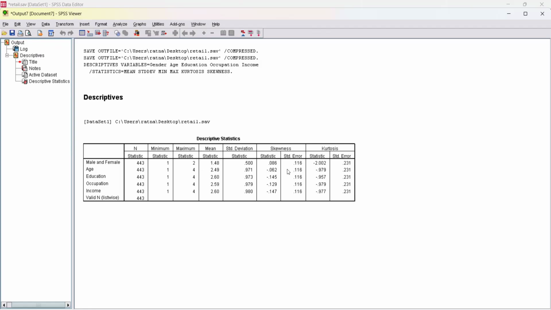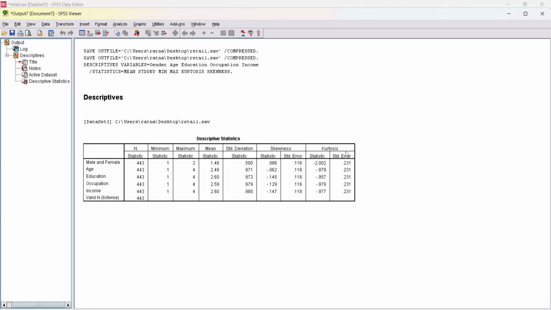Skewness ranges from minus 0.62 to minus 0.147. These values are very close to zero and well within two standard errors of zero. So it indicates that all four distributions are similar and symmetrical.